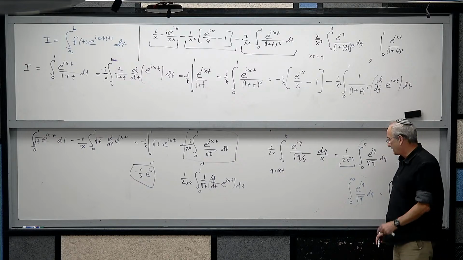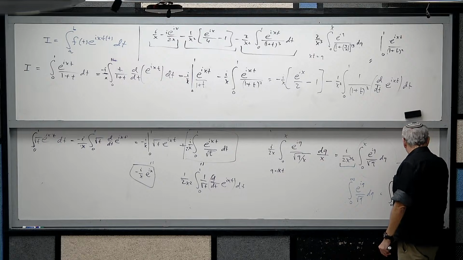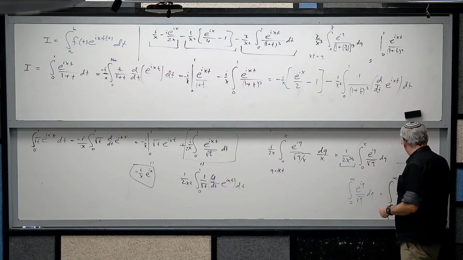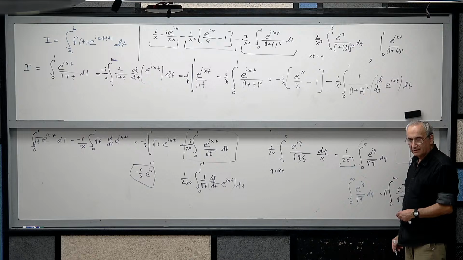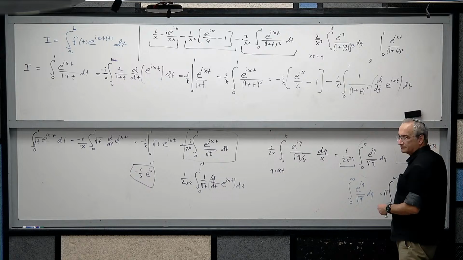Now, first of all, what about the i's? I have an i here divided by square root of i. So I should take one square root of i outside. Square root of i, by the way, is e to the i pi over 4.